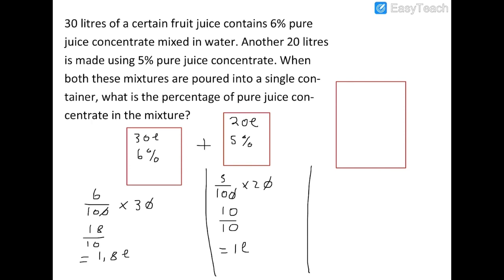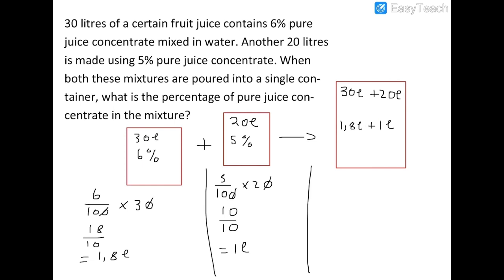So we want to mix these two containers together into one, which is going to be a bigger container, and this container will contain 30 liters plus 20 liters and 1.8 liters of pure juice plus 1 liter of pure juice.